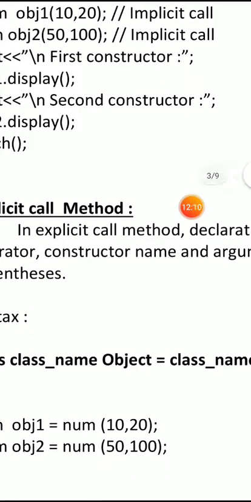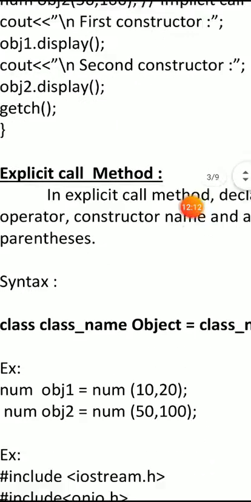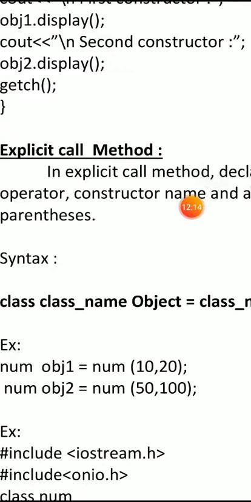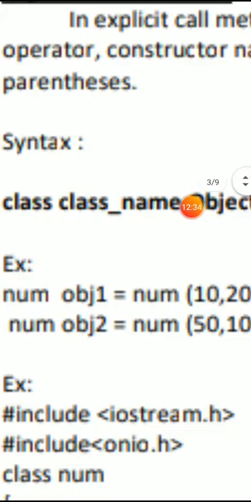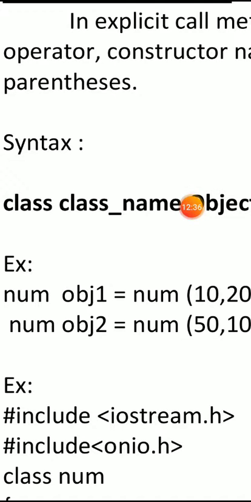In this example, num is a class, obj1 is an object, then the equal sign is used. Again num is the name of the constructor, and 10, 20 are the parameters. Now see, here you need to pay attention to two nums. One is on the left side, that is the class name. The other one is before the left parenthesis. So num obj1 equal to num(10, 20).